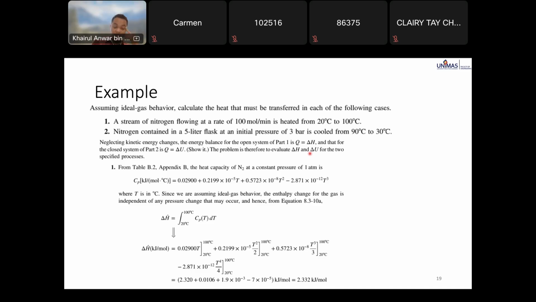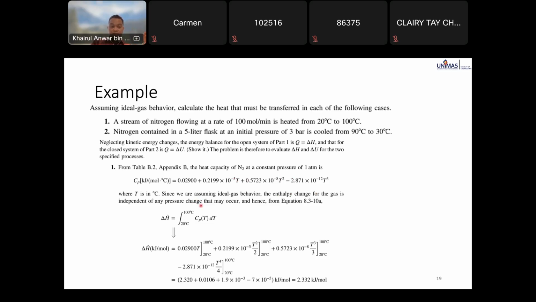So this is using form 1, this is for gas. So we have A, B, C, D. You see the value here? It's negative, 0.2199 times 10 to the power of negative 5. Negative is important here. It's not positive.